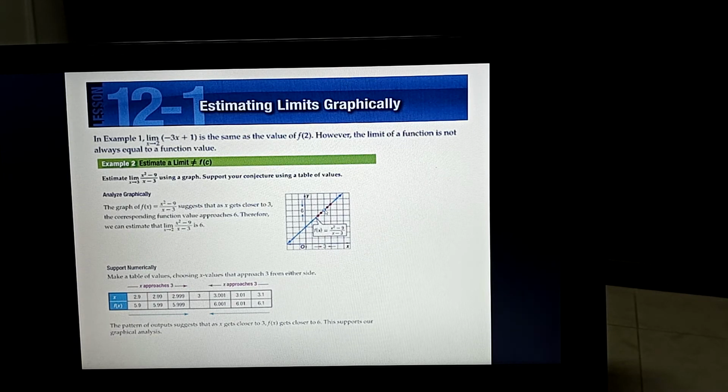It is nearly 6. So when I use this table, I can see that the limit from the right is equal to the limit from the left, and it is equal to 6. Not exactly 6, but I'm going to be at 6.